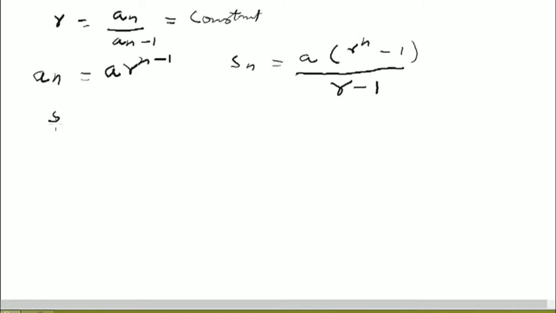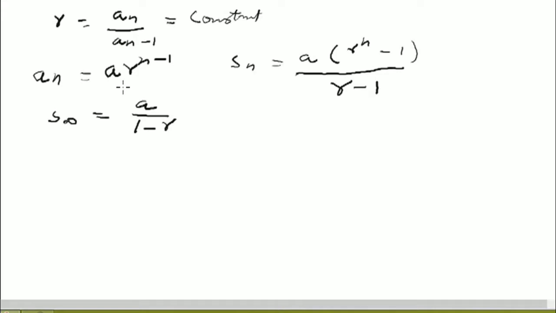So not very specific, you can easily do. Sum of infinite terms in a decreasing GP, be careful, increasing GP we cannot find, is a by 1 minus r, a being the first term and r being the common ratio.